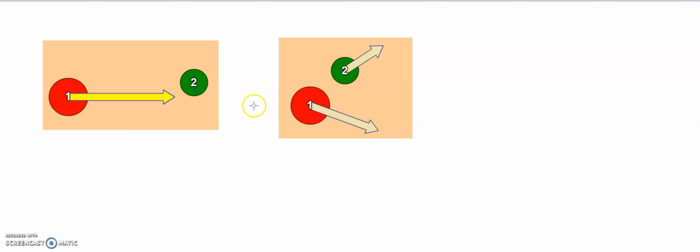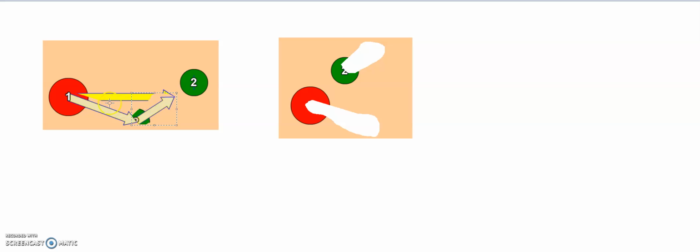So I'm going to take this vector right here, chop it out as best I can, and move it over here. If I do the same thing with this vector and move it over here, you can see that those two vectors added together still give you the exact same thing as the vector that we started with, because momentum before has to be equal to momentum afterwards.